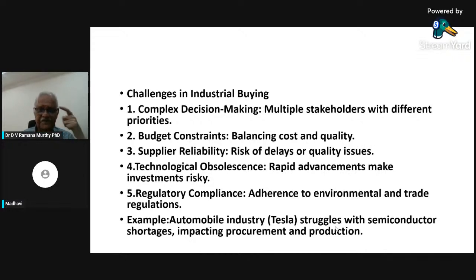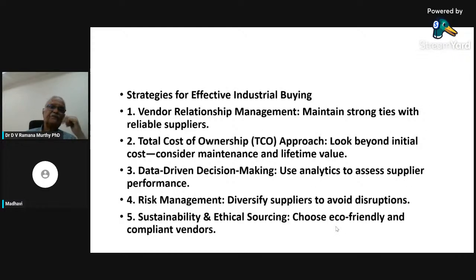So look at what it means, because once we see challenges in industrial buying, you can't take the product from all Tom, Dick, and Harry suppliers without quality checks, without adhering to certain regulations, without taking cognizance of rapid advancements in technology, without taking cognizance of delays that happen, without taking cognizance of the budget and financial constraints. This is very, very important.